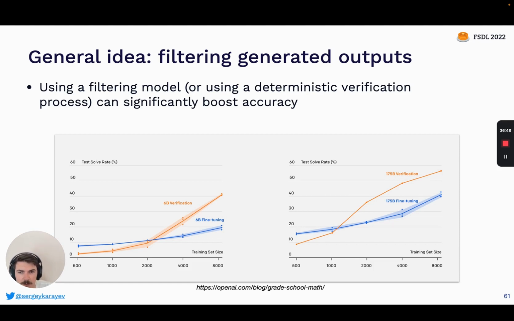So this is like grade school math, and they tried fine-tuning different GPT models. On the right, we see the 175 billion GPT-3 model. If you fine-tune it with an increasing amount of data, the performance becomes better, up to 40%. But if you verify solutions, then you can really get up to, looks like, 57% performance.